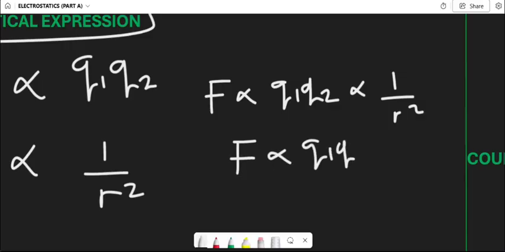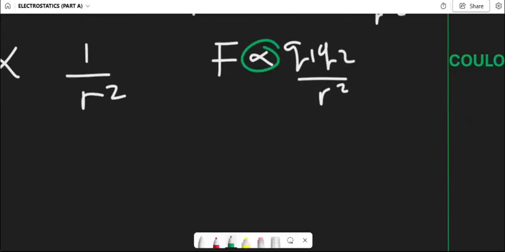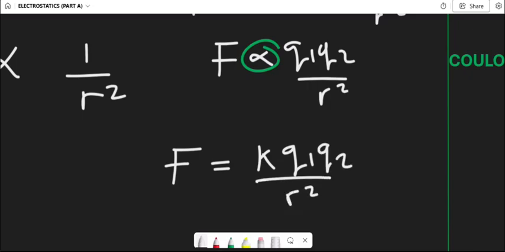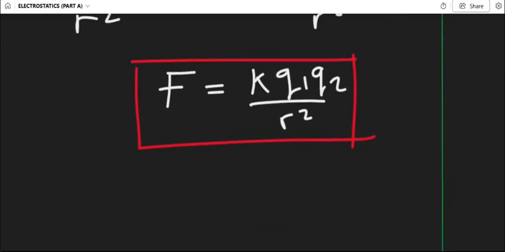As you know in mathematics, anytime we have this kind of proportionality symbol, we introduce a constant. So that constant is going to have an equals to, and the constant is k. So we have q1, q2, then r squared. Please, this is the relationship of Coulomb's law. Let's call this our equation 1.